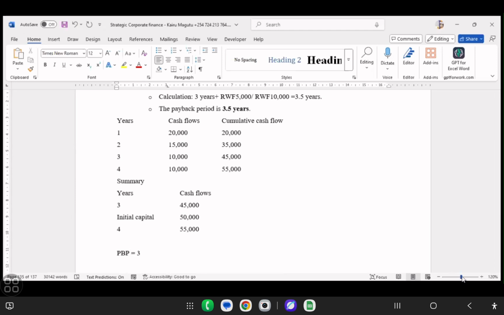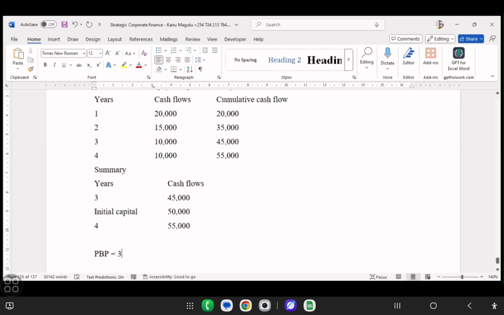If you can see the screen, 3 full years, we take the initial capital of 50,000 minus the cumulative to year 3, then divide by year 4, 55, minus year 3, 45, the cumulative to the end of year 3.